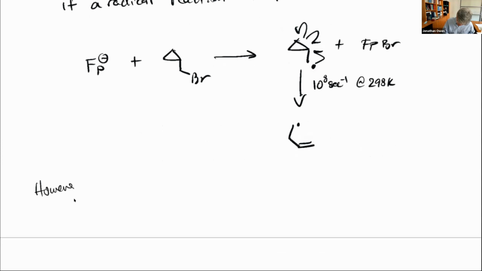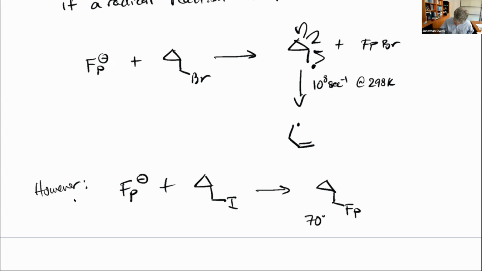However, FIP anion plus this compound gives the product that's consistent with SN2 chemistry in 70% yield, and the ring opened product in 30% yield.